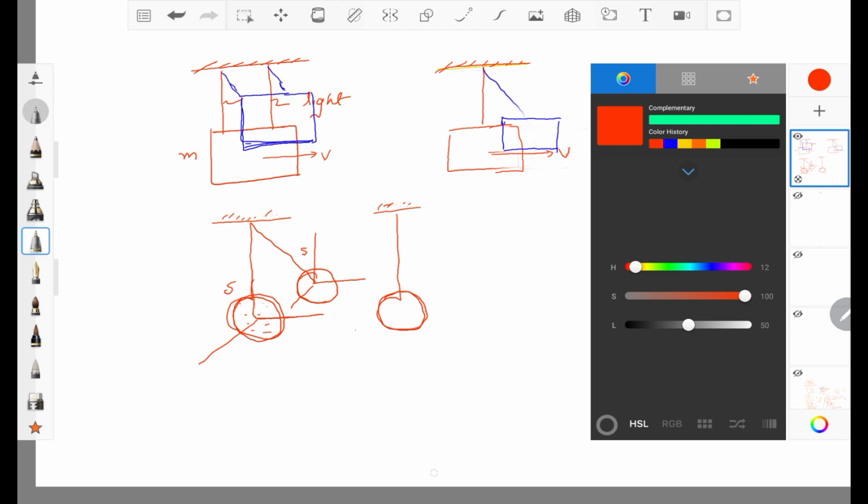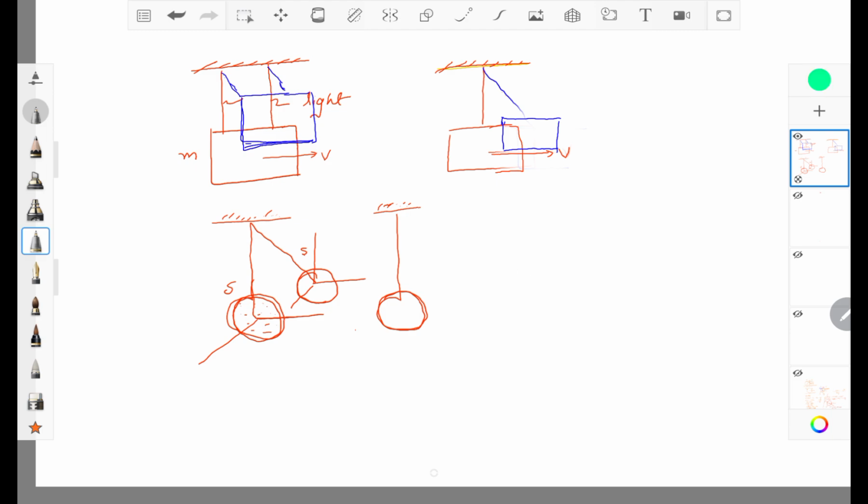Let me place a particle here. With a particle placed over here, it will remain here if it's water. Therefore, there isn't any rotation of water with respect to the S frame.